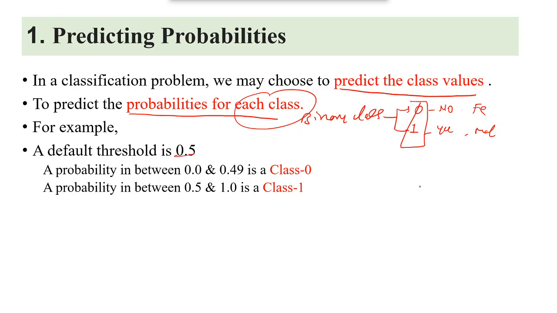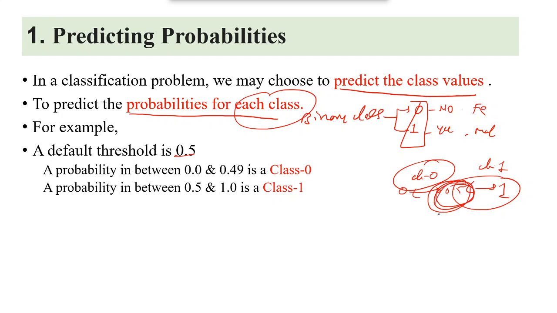Threshold value means, suppose from 0 to 1, 0.5. The values in this range we consider as class 0, and the probability values between 0.5 and 1 we consider as class 1. These threshold values we have to choose based on the problem statement.